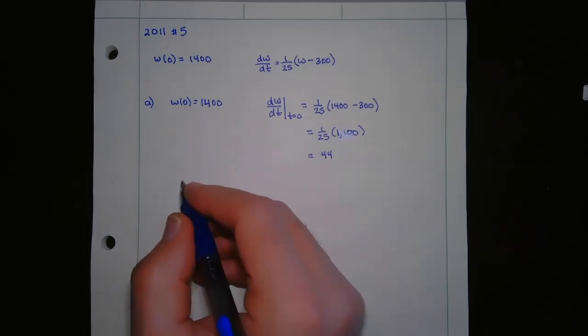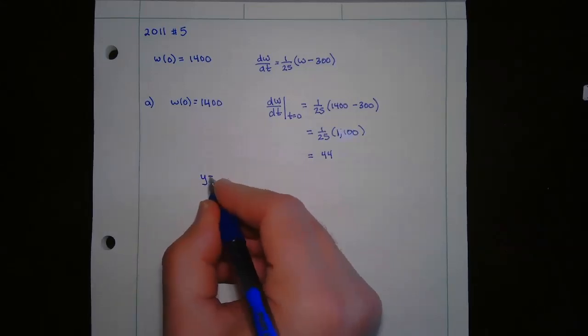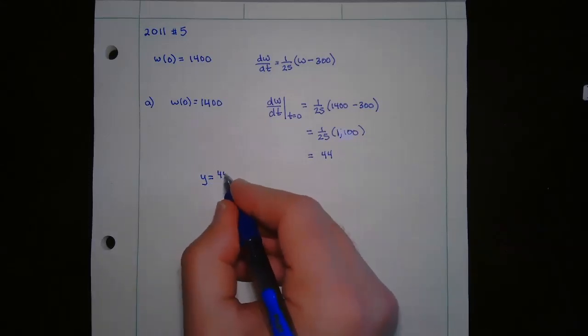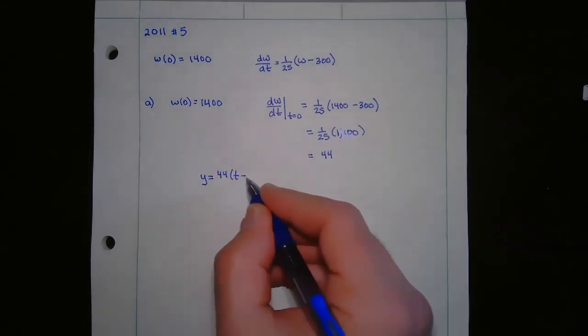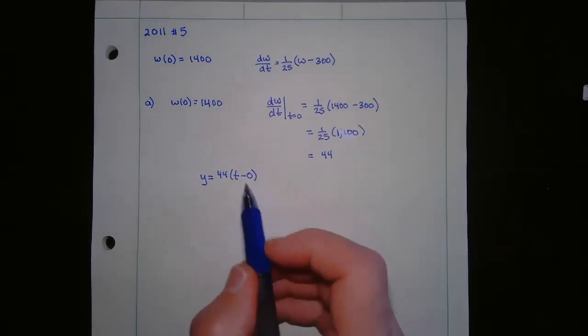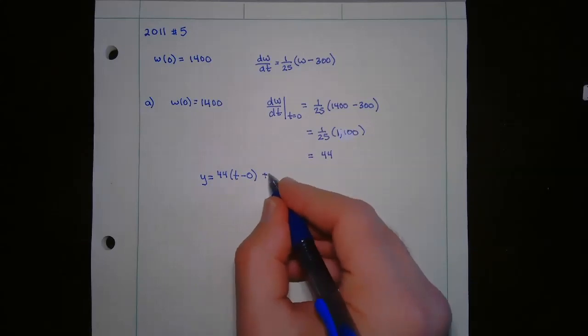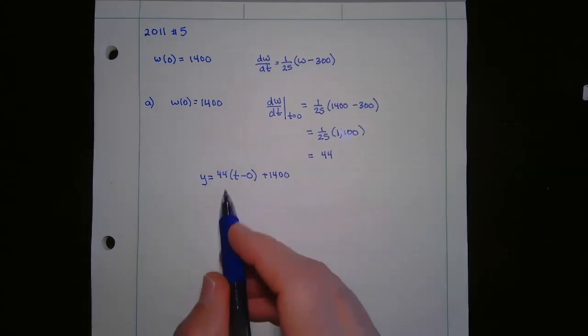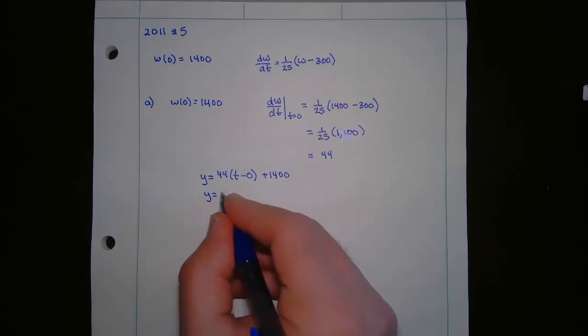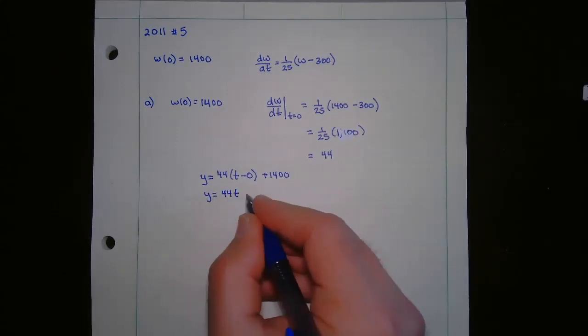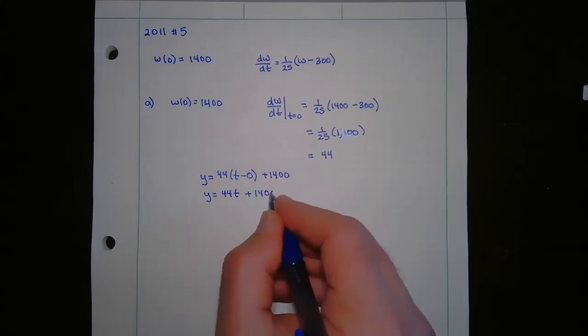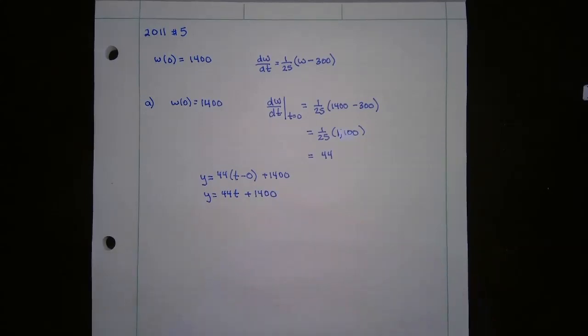We know that our tangent line is going to be y equals 44 times t minus 0, because this happened at t equals 0, plus 1,400. Well, t minus 0 is just t, so y equals 44t plus 1,400. Then they want you to approximate the amount of solid waste that the landfill contains at the end of the first 3 months of 2010, and that would be t equals 1/4.